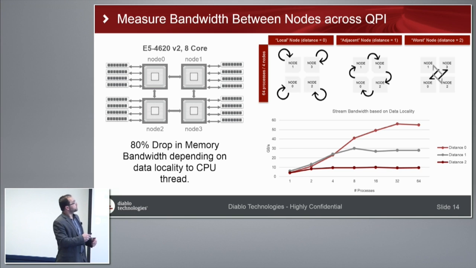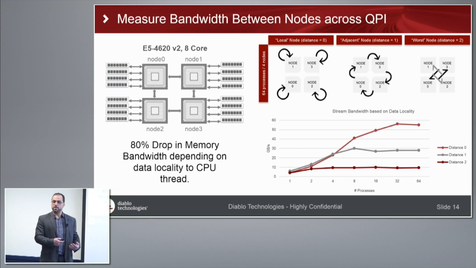We call it the local test or distance 0. In the second scenario, we pinned the process on one NUMA node and its data to the neighboring NUMA node, forcing all memory transactions to go through 1 hop of QPI.